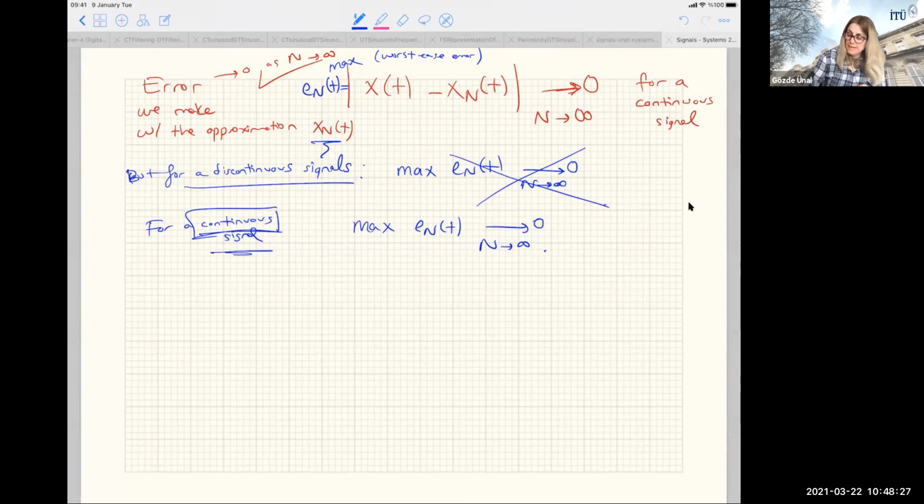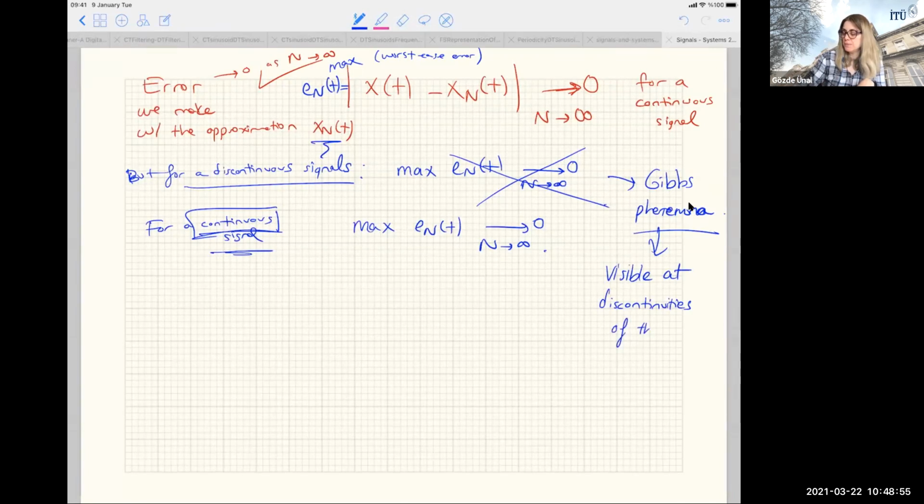So then these errors, guys, this is called Gibbs. This leads to something called a Gibbs phenomenon. This is visible at, I will show you the plots now, this is visible at discontinuities of the signal, meaning the approximation cannot really get close to the signal. So look at the waveform.